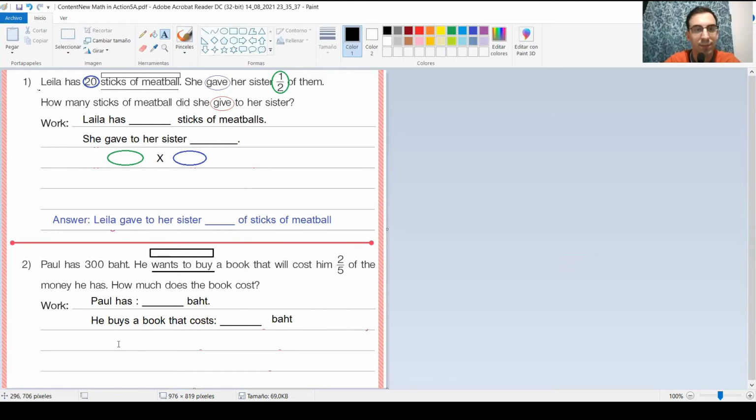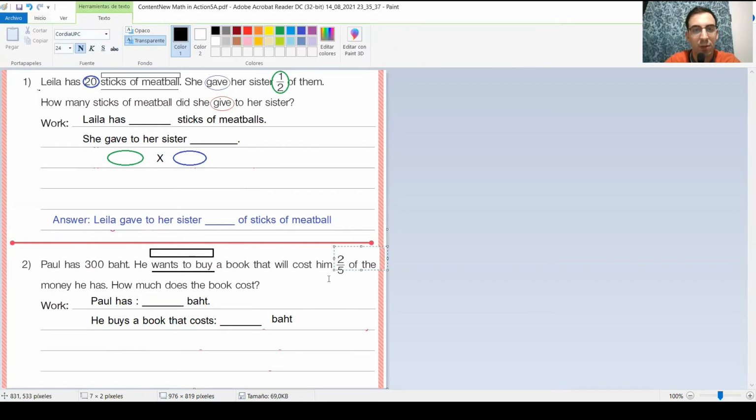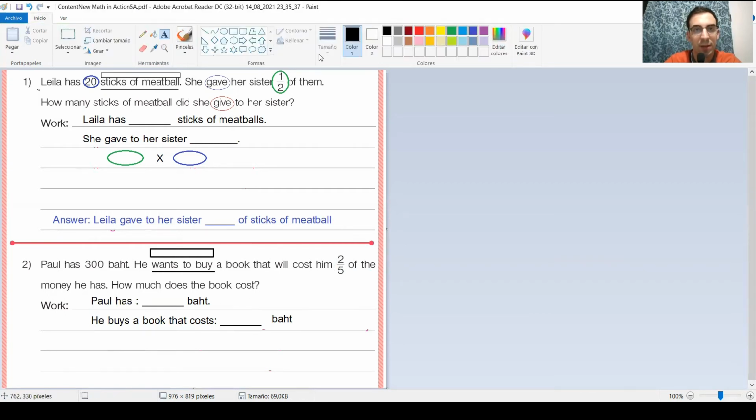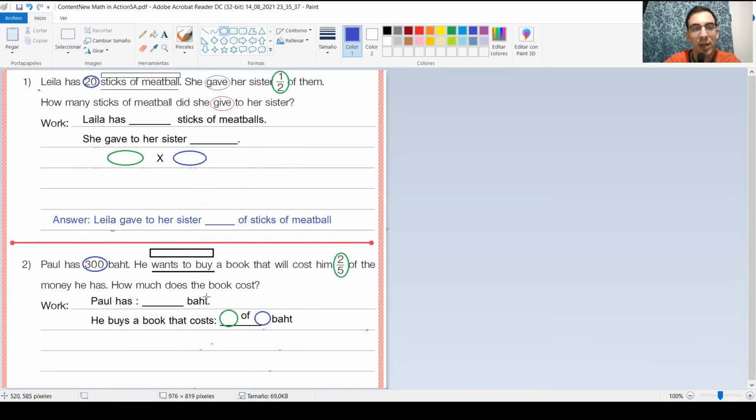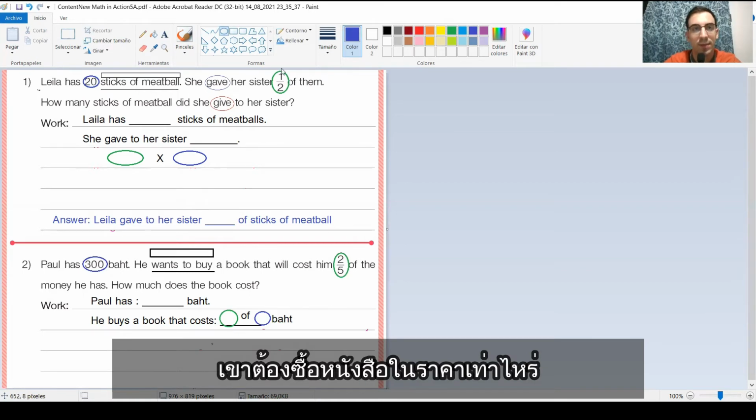Okay, here we have to write the operation, which is 2/5. Okay, I'm going to circle the same as before. 2/5 of the total money that he has. Okay, so how much does the book cost?